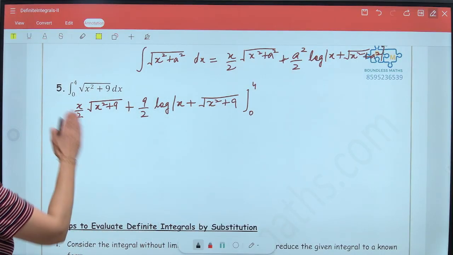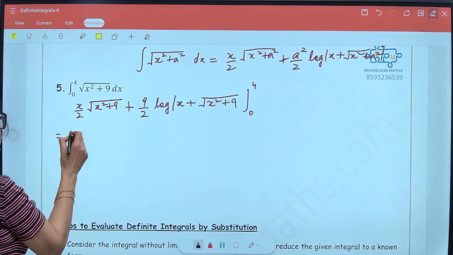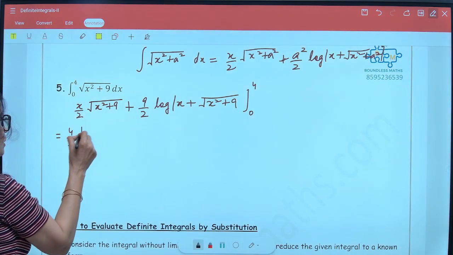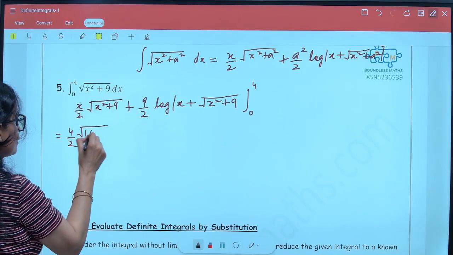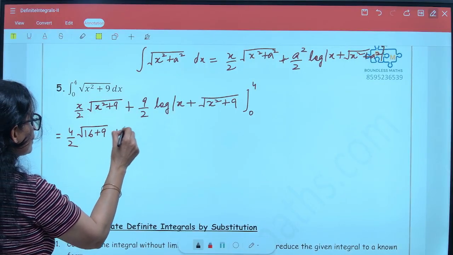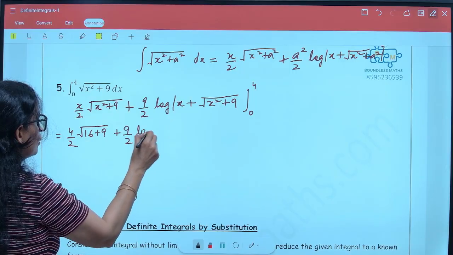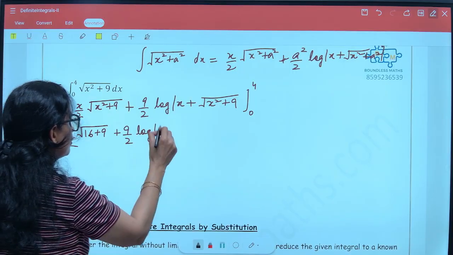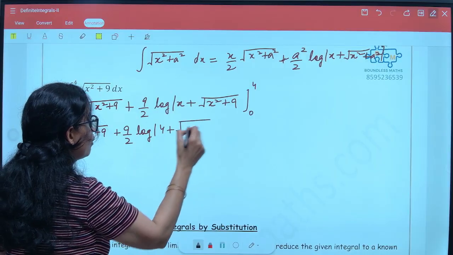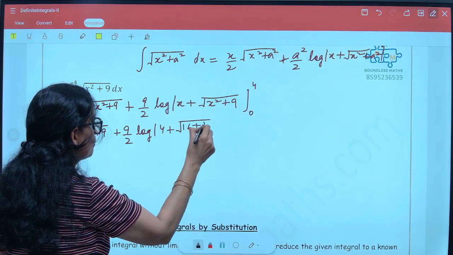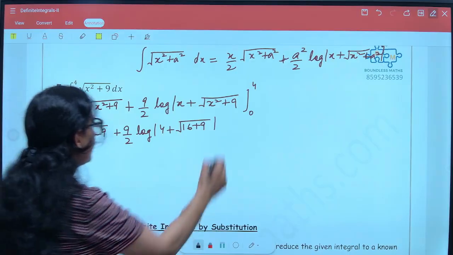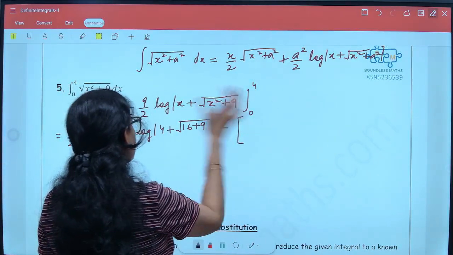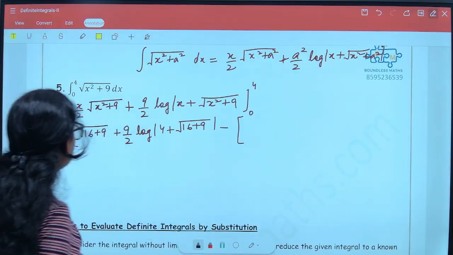So first we replace x with 4. So this becomes 4 by 2 square root of 4 square is 16, 16 plus 9, plus 9 by 2 log of 4 plus square root of 4 square is 16, again 16 plus 9, then minus, and the entire expression with every x replaced by 0.